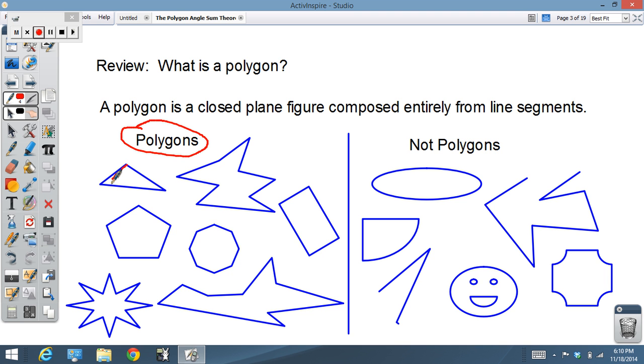They are all closed, no open spots, okay? And they're entirely made of straight lines. The examples of things that are not polygons is anything with a curve, anything that's not closed. So just generally this is what you got. Polygons, not polygons. We're going to be talking about polygons.